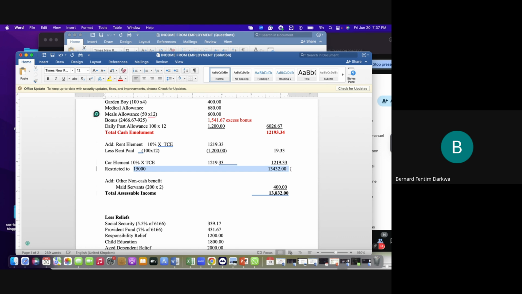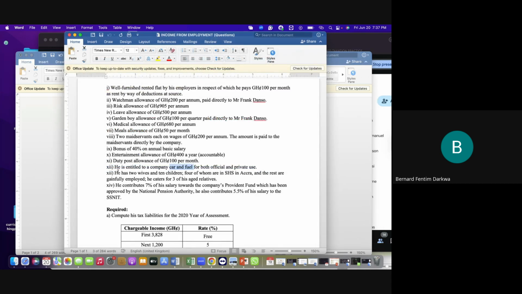When you get this, then you come to the other non-cash benefits. We have the maid servants. You see two maid servants, each on a wage of 200 per annum. The amount is paid to the maid servants directly by the company.